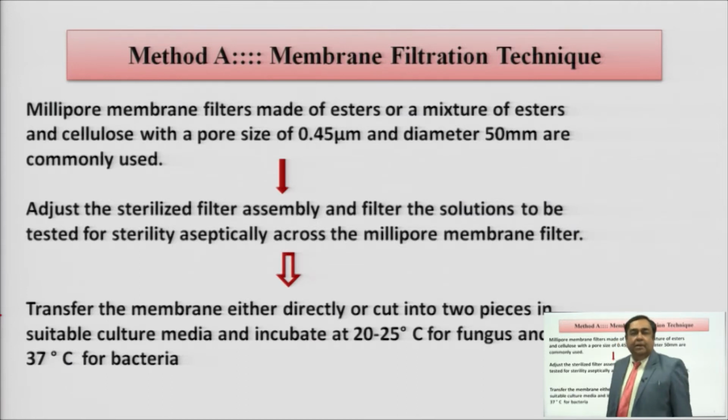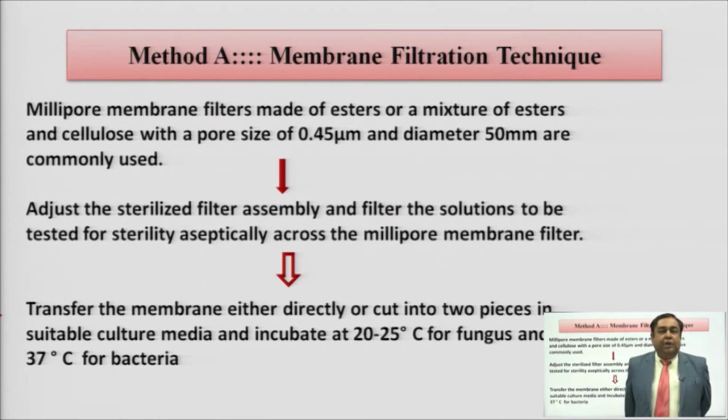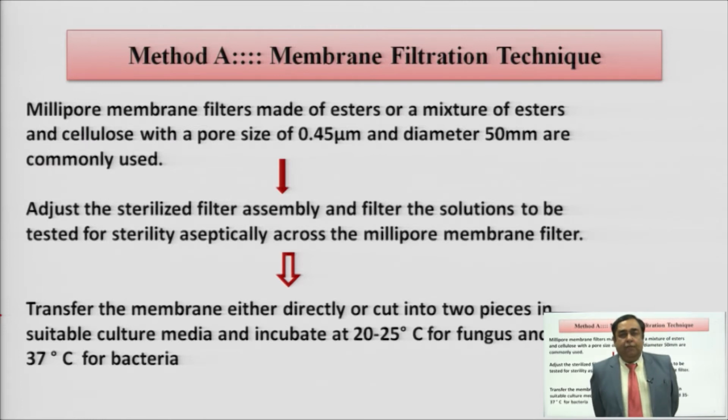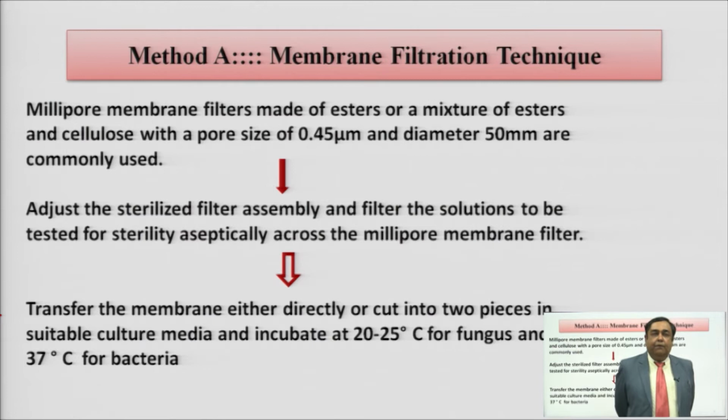Let me explain the process. As I have told you in a very brief nutshell, a millipore membrane filter made up of esters or a mixture of esters and cellulose, with a pore size of 0.45 micrometer and a diameter of 50 millimeter.